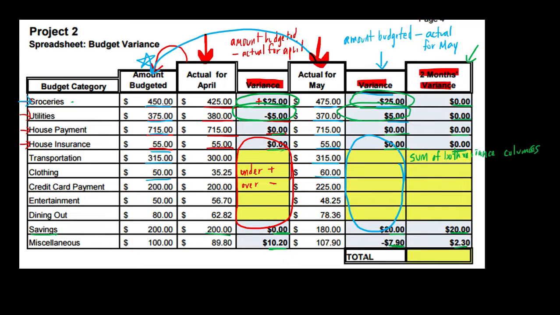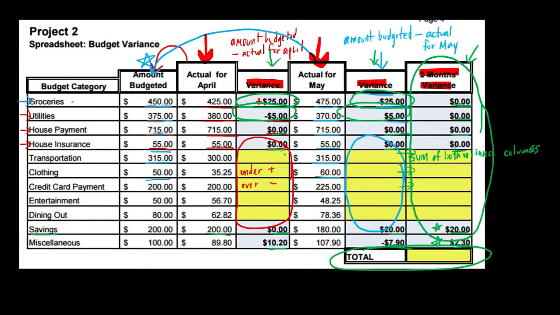So you'll just go down these two columns, adding them together row by row, and putting your answer in that 2 months variance box. Now, once you're done with that, you'll take the total for all 2 months variance. To take that total, you want to total this entire column. Okay? So make sure you include this $20 and the $2.30.